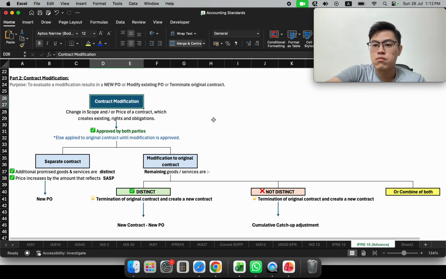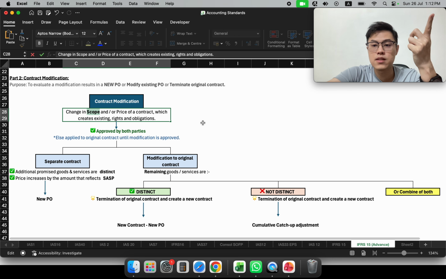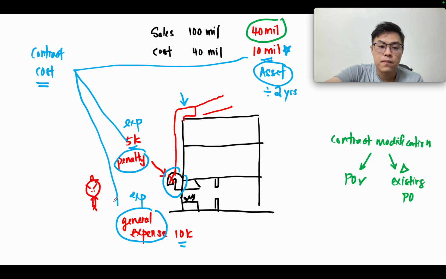So we will judge that the modification happening here is either a change in scope, maybe your scope is being changed, expanded or reduced, something like that, or price, either one or both, which creates existing rights and obligations. Like this one, the extension of the exhaust hood is actually a scope change.